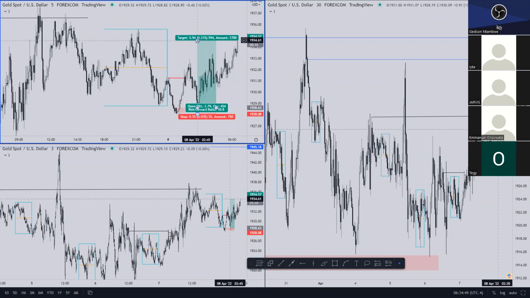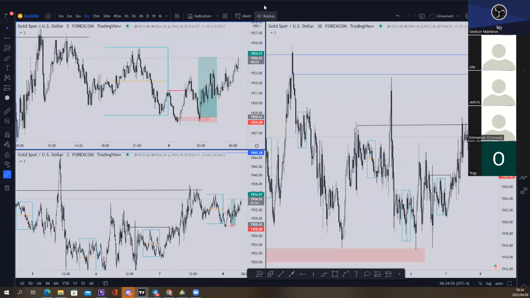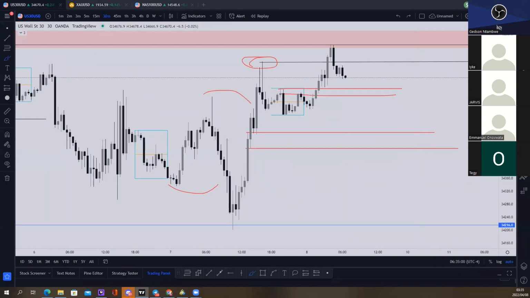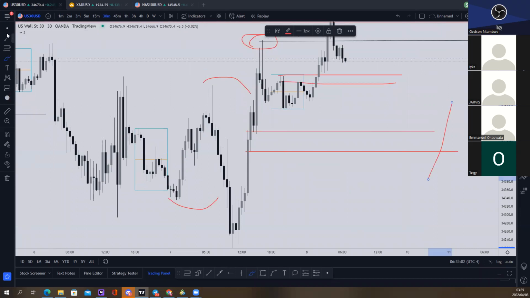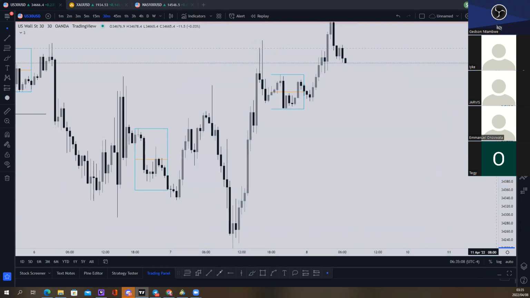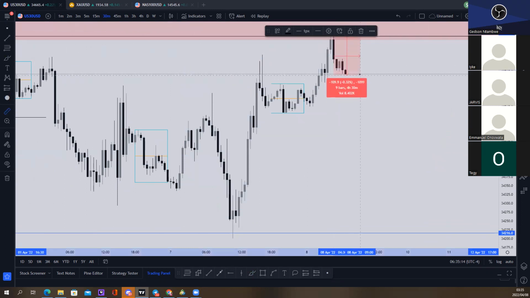US 30 was amazing. The US 30 trade was really amazing. This trade, let me see how many pips. Because you know me, the way I talked to you last time, I don't trade so many pips. On US 30, at least I need 250 pips for scalping.